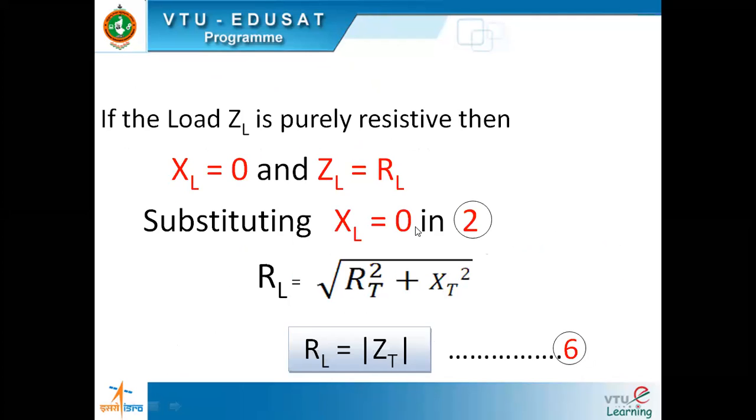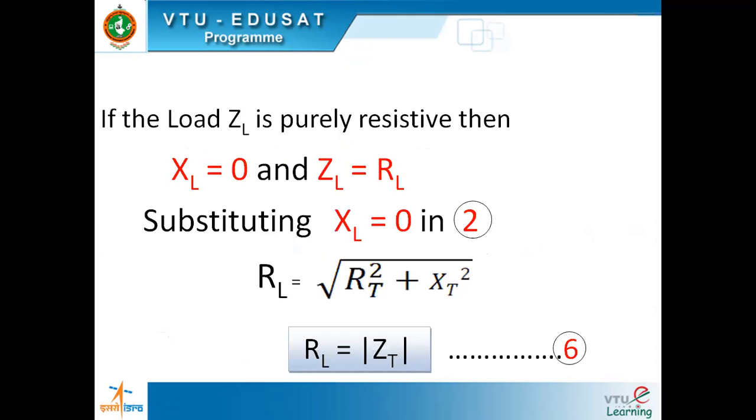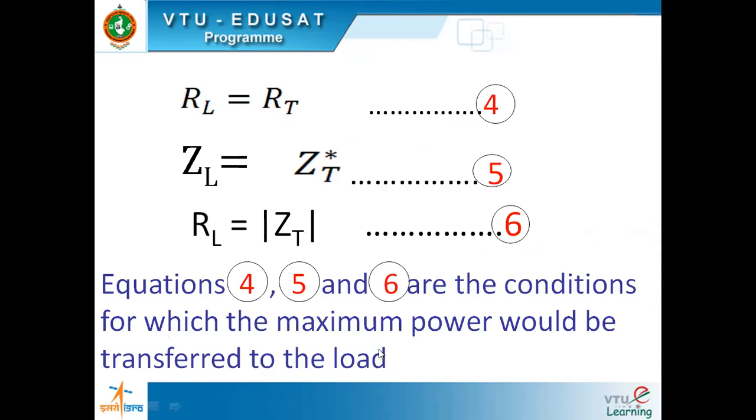If XL is 0, it would be RT square plus XT square, which is the magnitude of ZT. So we have obtained these three conditions. RL is equal to RT, ZL is equal to ZT conjugate, and RL is equal to the magnitude of ZT. Understand that? So equations 4, 5 and 6 are the conditions for which the maximum power will be transferred to the load. So these three conditions you need to remember.